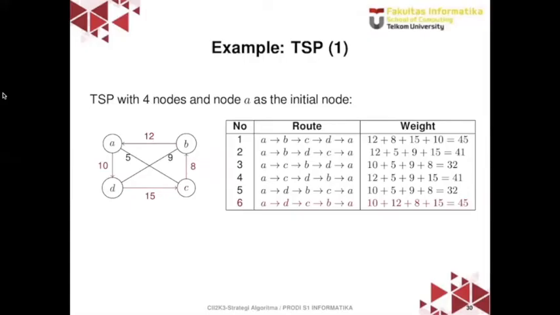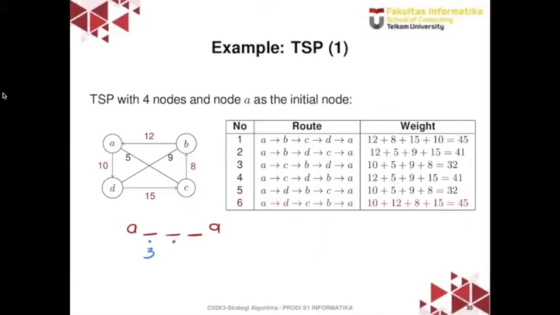And why do we know this is the number of possible routes we have? Because here we want to go from city A and we want to go to three other cities before we go back to A. So here we may go to B, D, or C. So we have three possibilities.